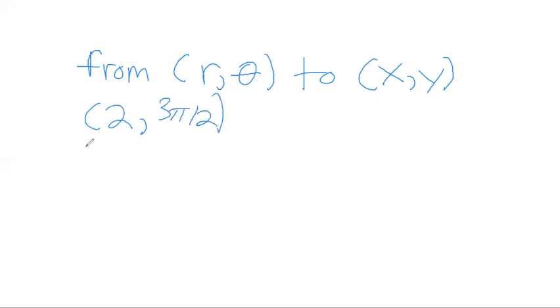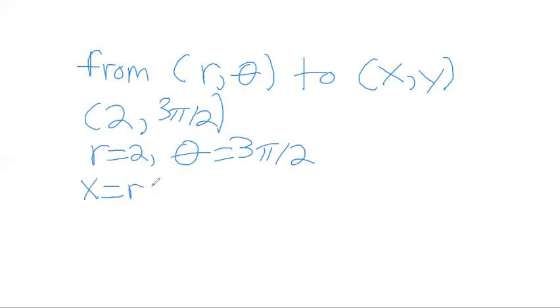My r is equal to 2 here, and my theta is 3 pi over 2. Going back to before, x equals r cosine theta, and y equals r sine theta.